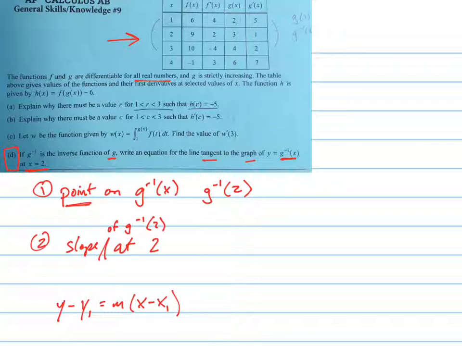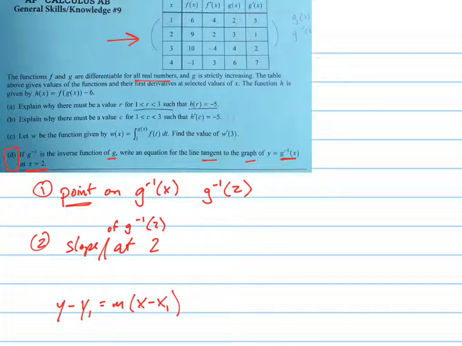Well, first let's find the point. And I'll continue to do this in red. So the point that we're looking for is where x equals 2 and it's on g inverse.